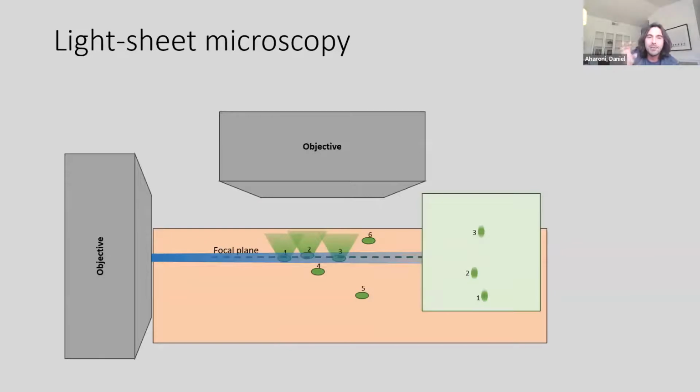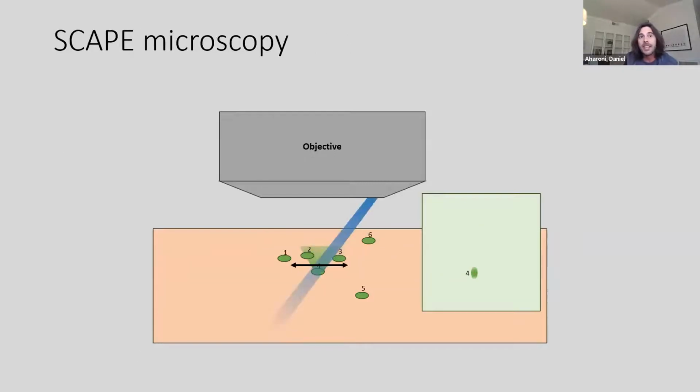I have the same sort of cartoon animations for different microscopy approaches that people in neuroscience are maybe more familiar with. If you're not constrained to building a system that's running on the head of a behaving animal, there are systems like light sheet microscopy, which can do single cell illumination but illuminates just a sheet in the brain, so you remove some of this out of plane fluorescence. There's SCAPE microscopy, which is a pretty amazing technology, like light sheet microscopy, but the light sheet comes in at an oblique angle and gets scanned through the volume.